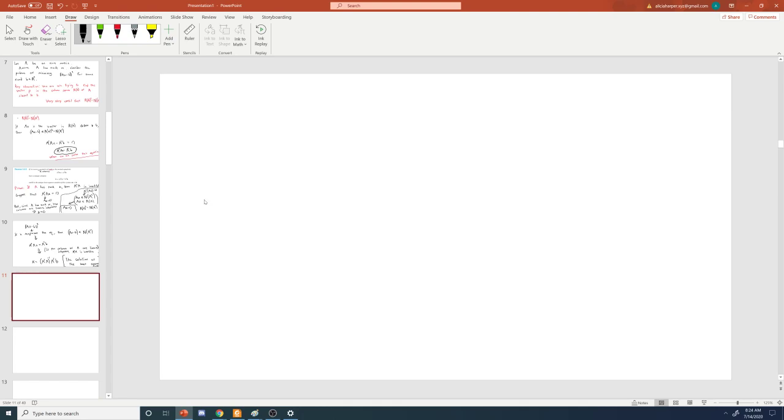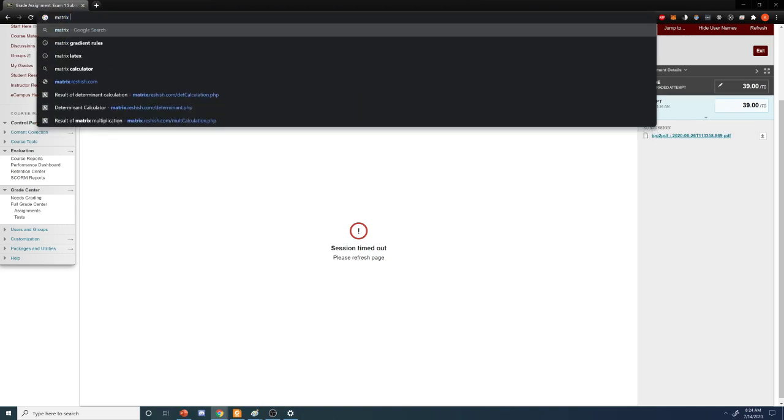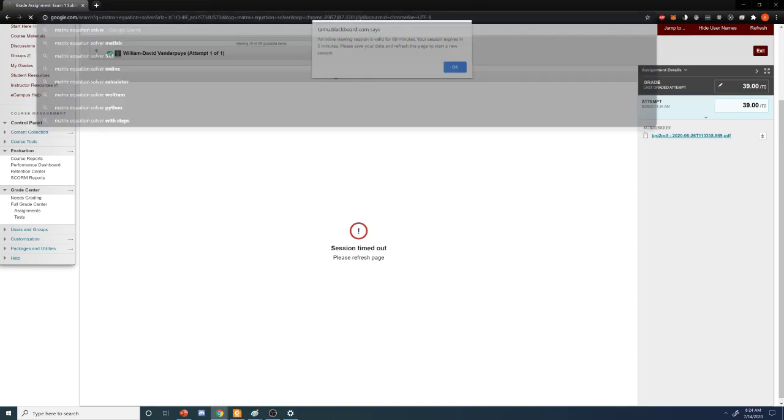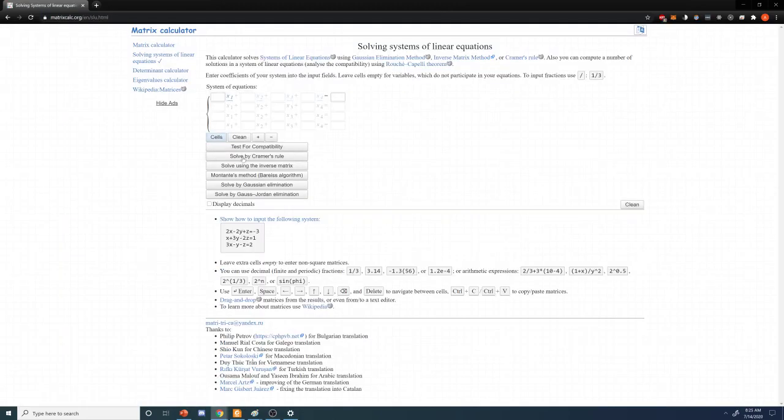So here's our first example. And also at this point, I'm going to start using matrix equation solvers to speed up the process a little bit. I found a good one earlier.